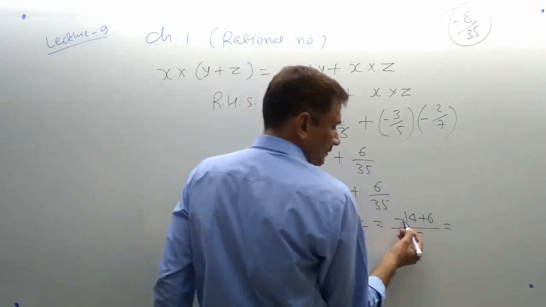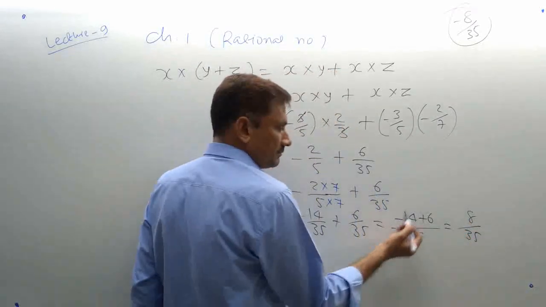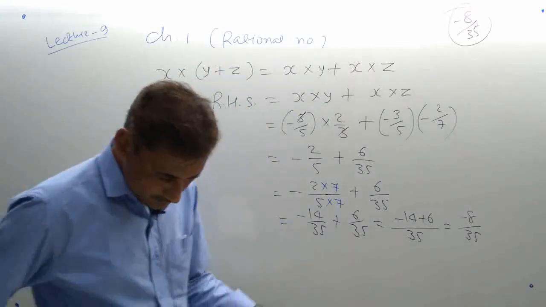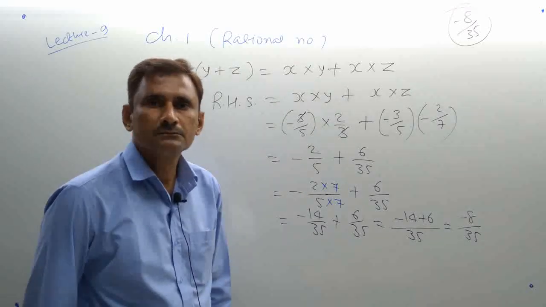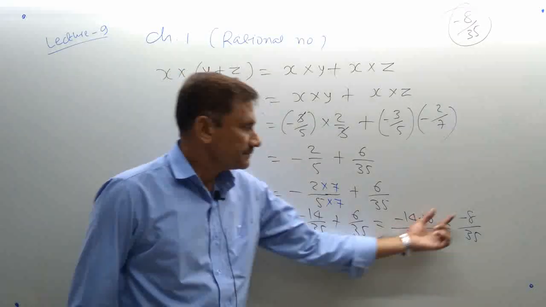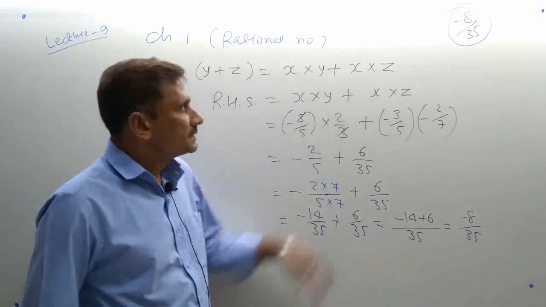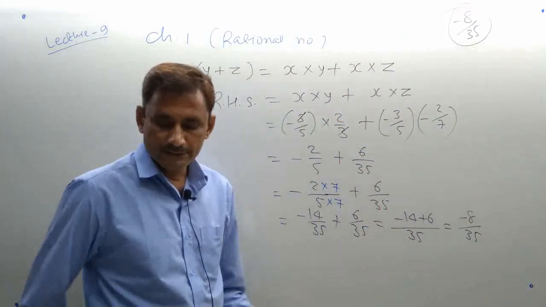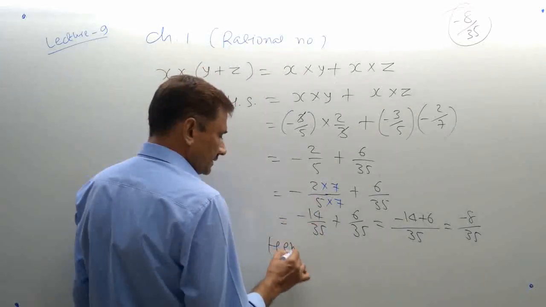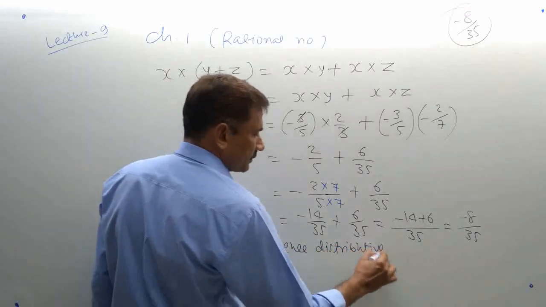So obviously opposite signs are there, so take the difference here and apply the bigger number's sign, it is minus. Okay, so it is minus 8 upon 35. Same result we got here, hence it is verified. Okay, so finally you can give the result: hence the distributive law is verified. Yeah, so the distributive property is verified.